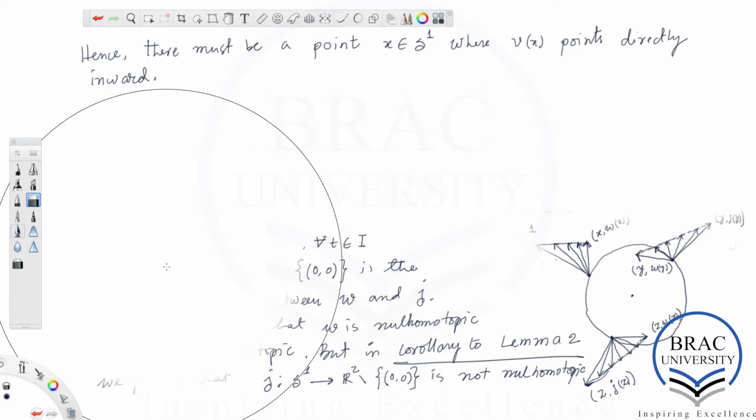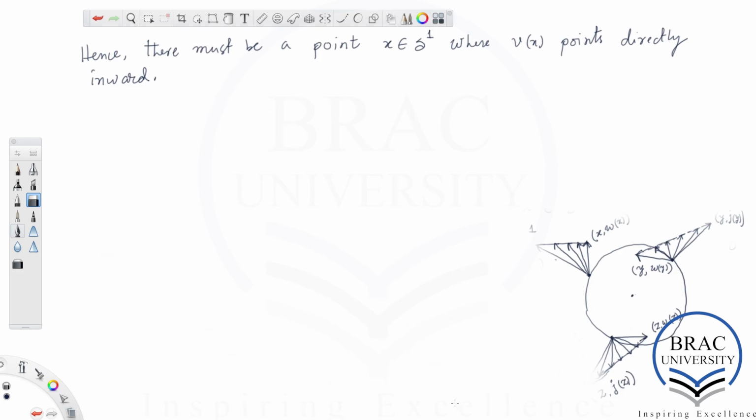All right. Now about the existence of the point where the vector points directly outward.